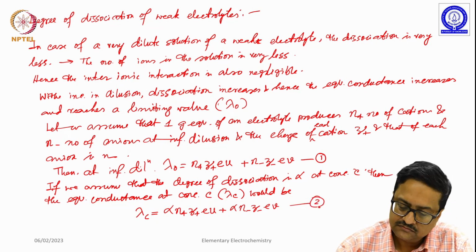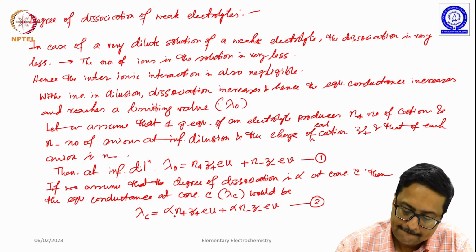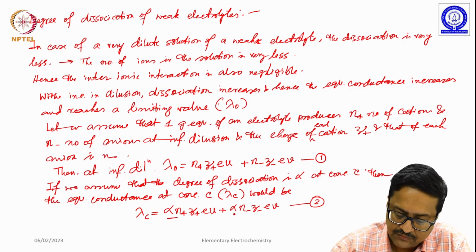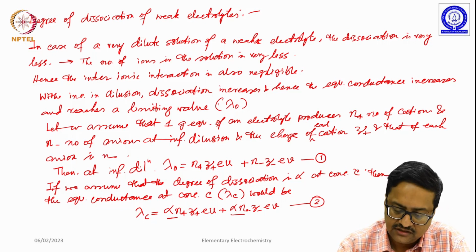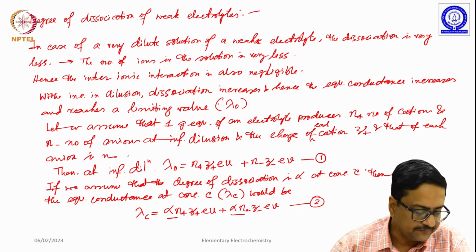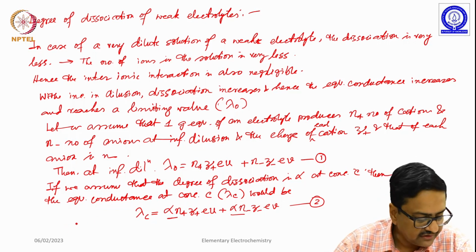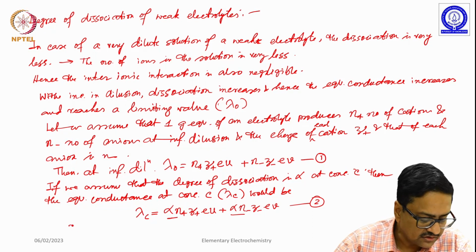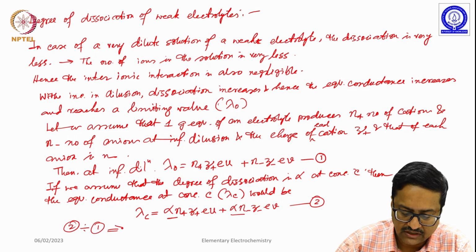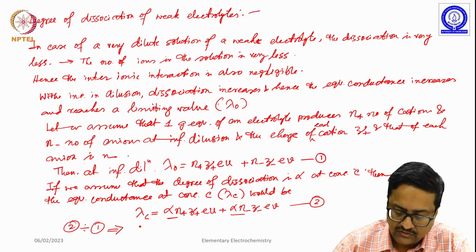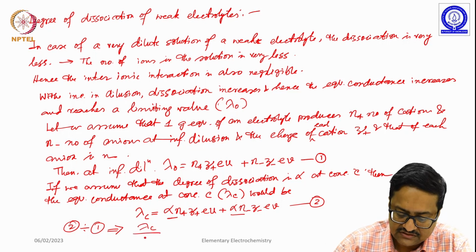Now this alpha n plus and alpha n minus are the number of cations and anions in the concentration C. So now if you divide equation 2 by equation number 1, what I am doing is lambda C by lambda 0.